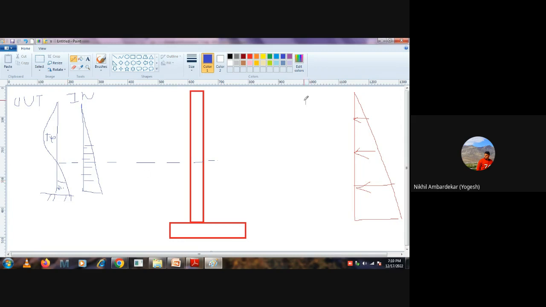Again, this is my inside and this is outside. So I want to provide my reinforcement at this face. And now for this sagging moment, because it bends at this face, I want to provide the reinforcement at this face. Okay. Got it?